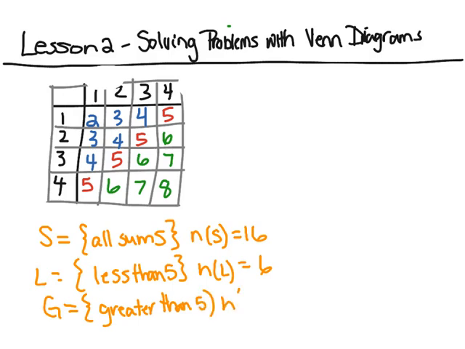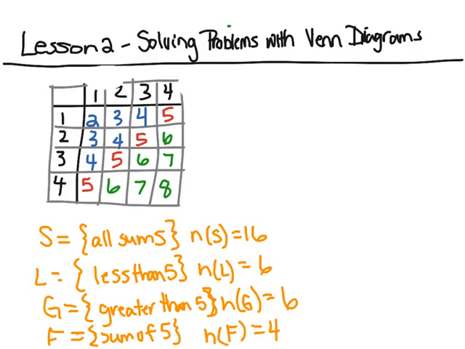And the number of G would be all the green numbers, 1, 2, 3, 4, 5, 6. And there's also numbers that are 5. Now, it's not really in the question, but let's find the ones that have a sum of 5. So n of F is 4. There's 4 ways you can make 5.